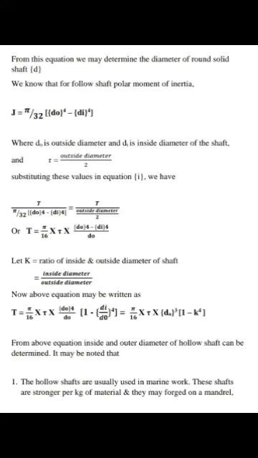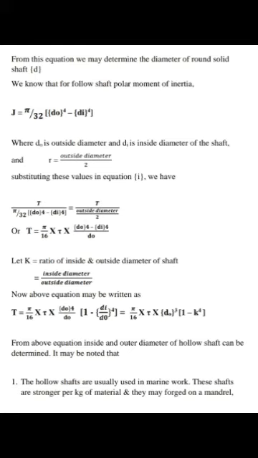So we will take r as d0 upon 2. Substituting these values, we have T upon pi by 32 (d0^4 minus di^4) is equal to tau upon d0 upon 2. By rearranging we will have T is equal to pi by 16 into tau (d0^4 minus di^4) upon d0.